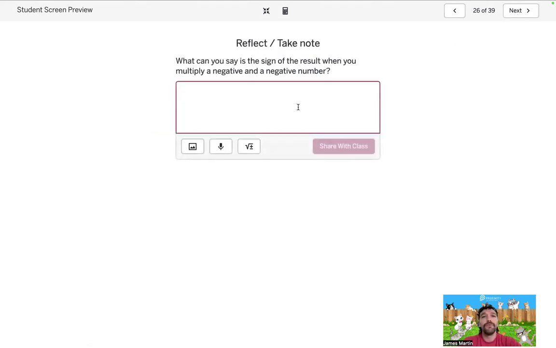All right. So what can you say is the sign of the result when you multiply a negative and a negative number? In your answer, what sign do we have? Is it positive or is it negative? Take some time to fill this out, share your answers with the class, and then come back.